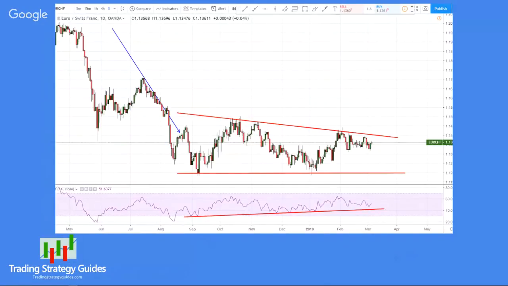This is nice. It's setting up. It's a daily chart of the Euro Swissy. It's been setting up since August. Nice trend in, winding up. Here's the line. As soon as it breaks this line, I will be short.